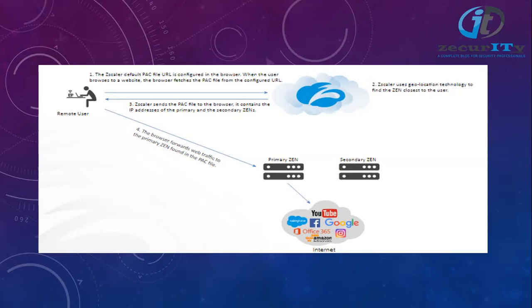Once that is identified, Zscaler sends the PAC file to the browser. It contains the IP addresses of the primary and secondary Zen nodes. The next traffic will go to the primary Zen node listed in the PAC file, which will process the traffic. If the primary is unavailable, the traffic will be rerouted to the secondary Zen to process.